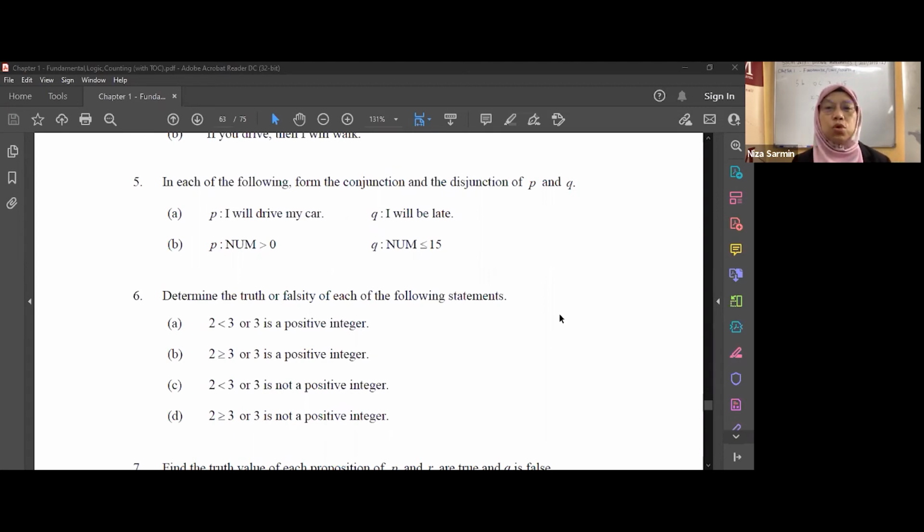Determine the truth or falsity. Okay, 6A. Read it like this: 2 is less than 3 or 3 is a positive integer.